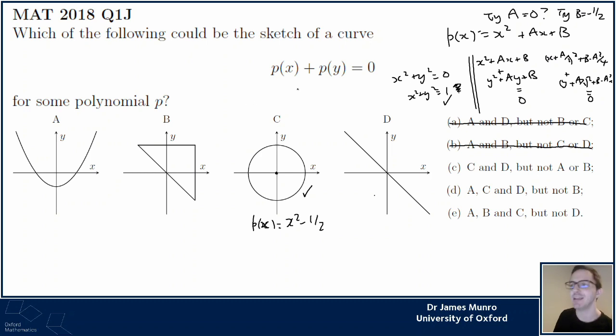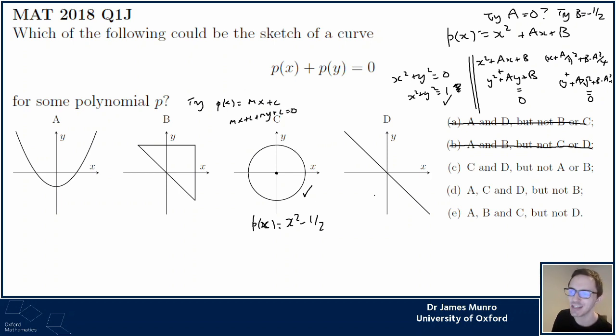Next thing to try is probably straight lines, polynomials. So maybe I should try p of x is mx plus c, for a polynomial that's just got a constant term and a linear term. If I do that, then this expression reads mx plus c plus my plus c equals 0.